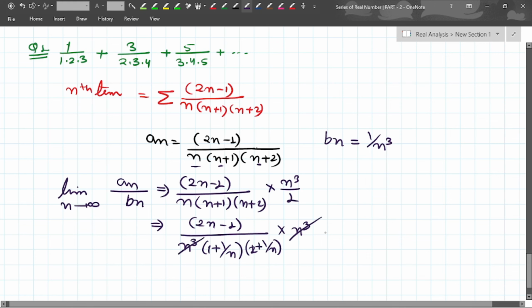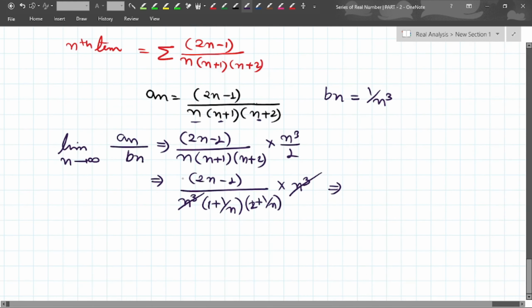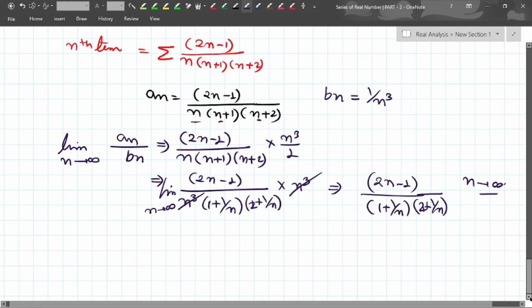Limit n tending to infinity: the n cube cancels with n cube. So this is nothing but 2n minus 1 divided by 1 plus 1 by n, 2 plus 1 by n. Now if n tends to infinity, then what is it?